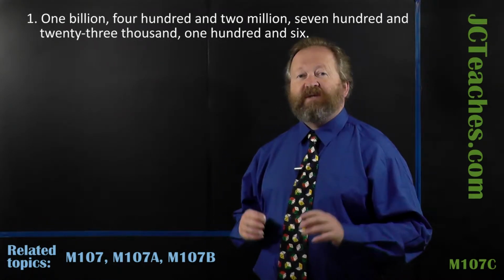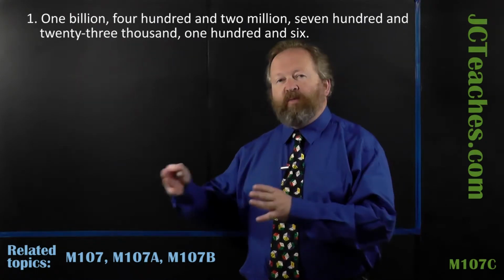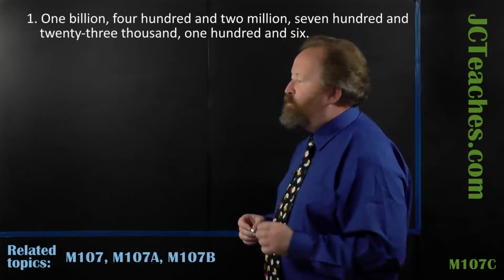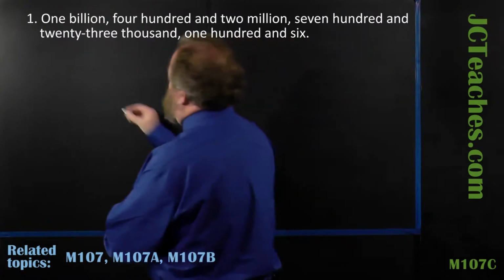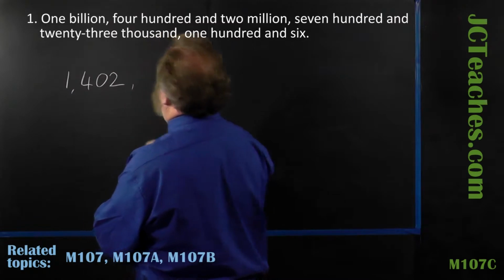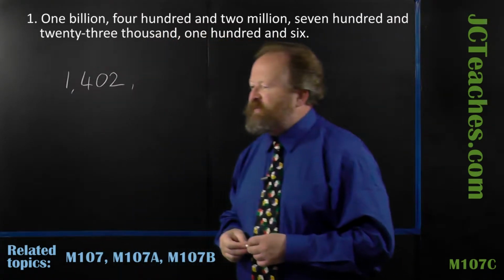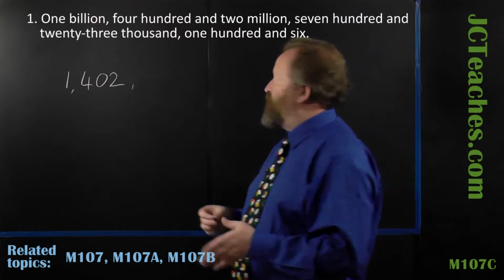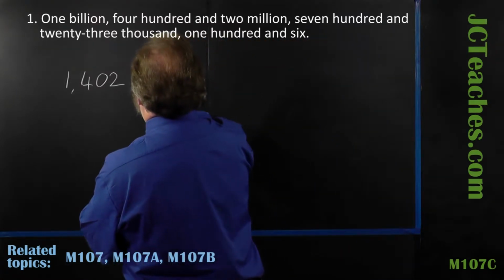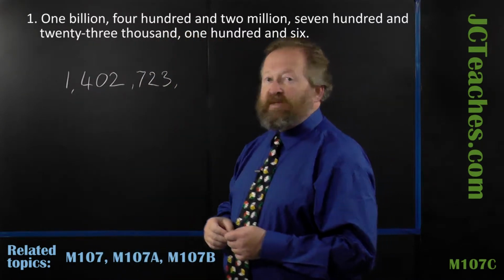Big number, but an easy-ish one to get started with because almost all the digits are not zeros and it's all there. So we've got 1,402,000,000. We can start with our 1 billion. Then we can have 402 million. Then we have 723,000, so that's 723. And then at the end, 106.